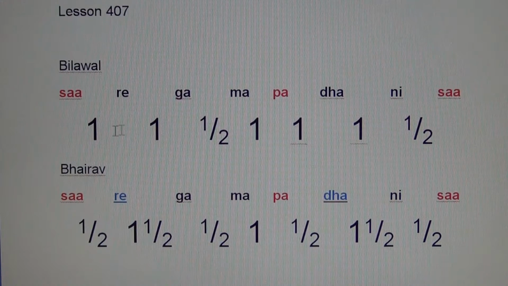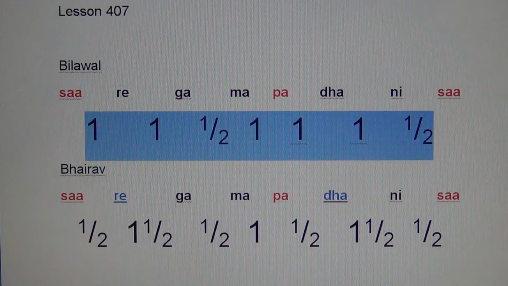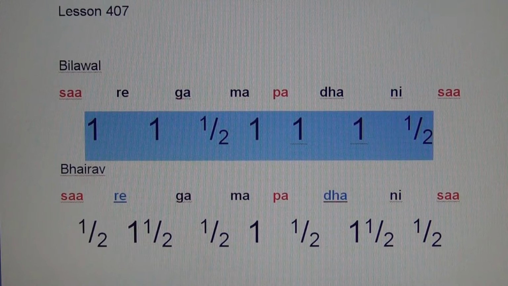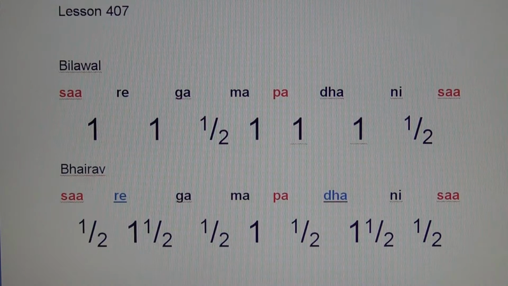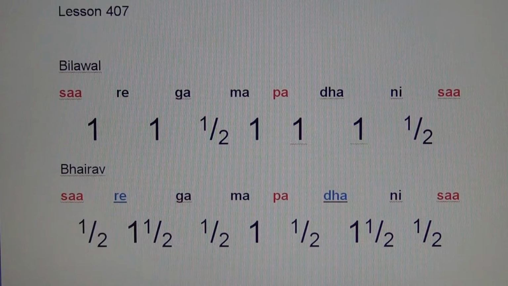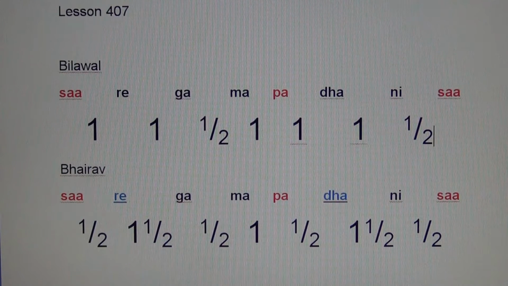And I have shown that here: we have the interval formula 1, 1, 1/2, 1, 1, 1, 1/2. Now the next four thaats, beginning with Bhairav, are different and we cannot use the major scale to build upon.